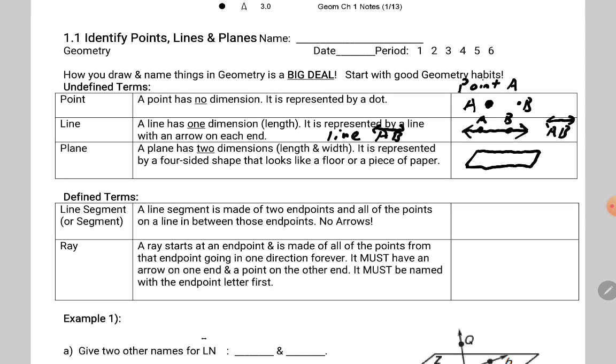One of your walls would be a particular plane. Your ceiling would be its own plane. The floor would be a plane. Once again, this is not talking about the airplane. An airplane is just transportation. But your piece of paper is a plane. Your tablet or your monitor is its own plane.